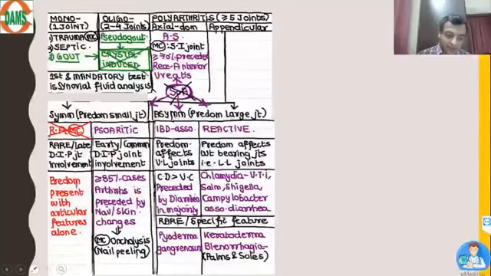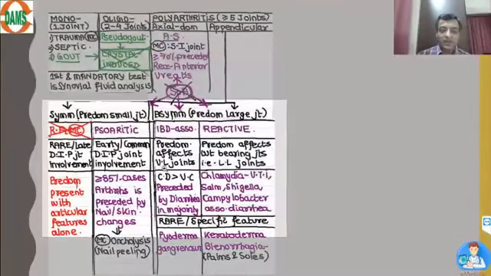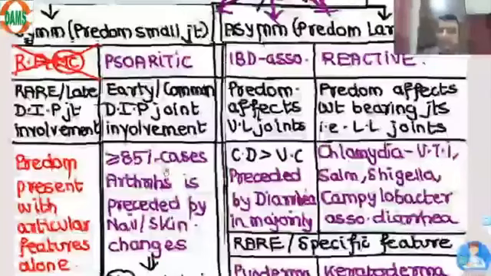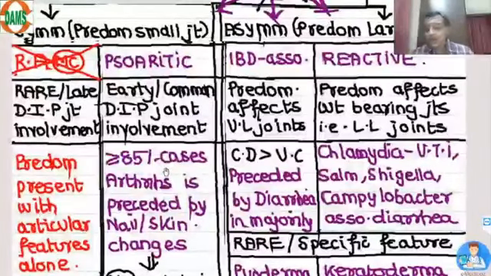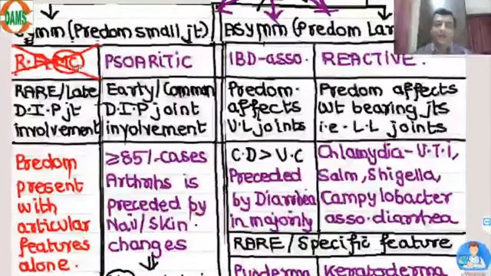Let me zoom it for you. So we have done that if it is polyarthritis, appendicular dominant, symmetrical with predominantly small joint involvement, we have RA versus psoriatic arthropathy.